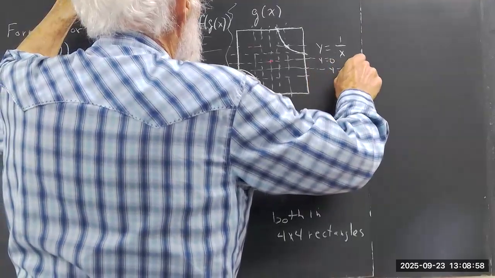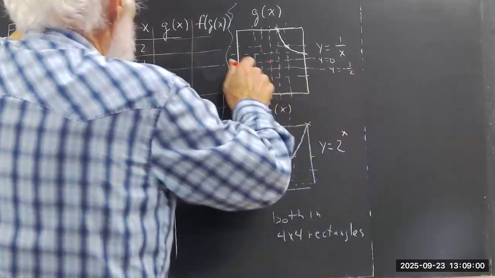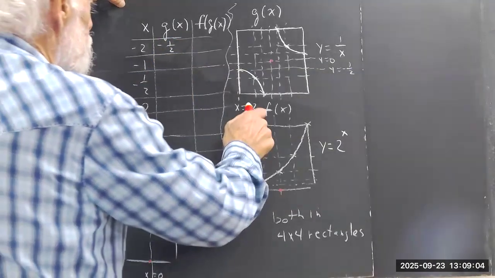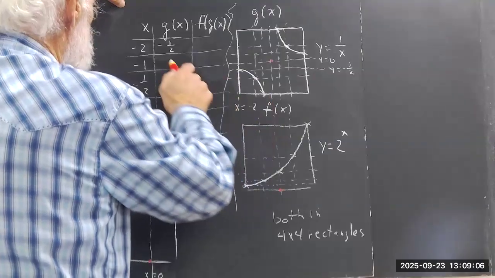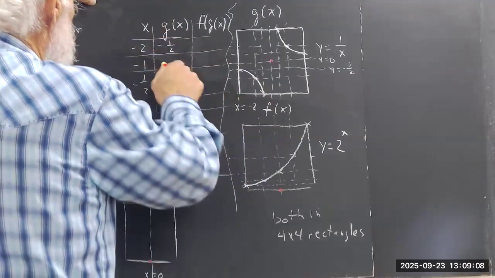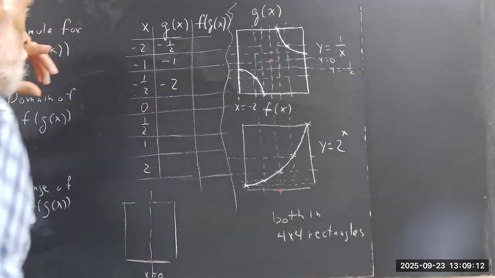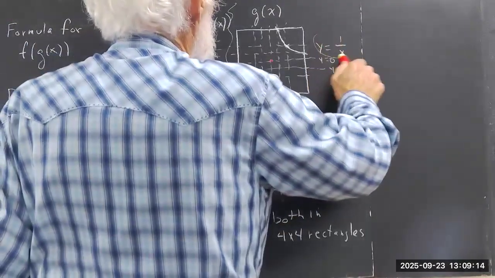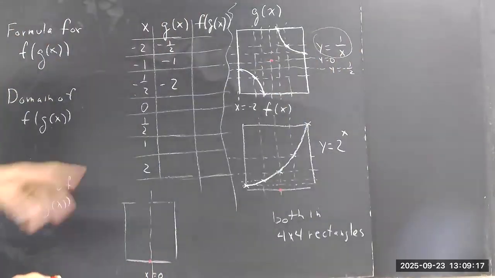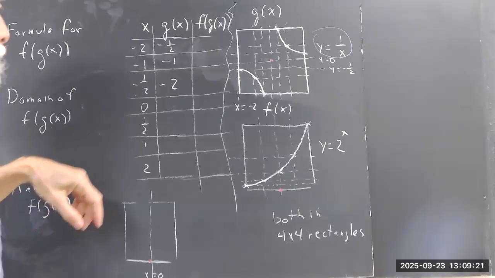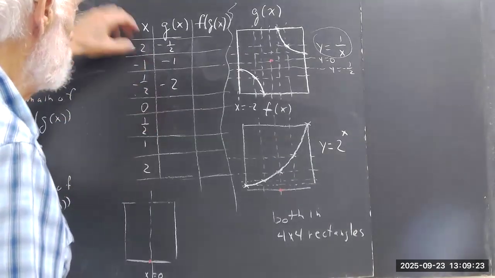Here's a line, y equals -1/2. So this is -1/2. For f of x, when x is -1, that would be here. This is going to be -1. X equals -1/2, you get -2. They could also use a formula, which I gave you, y equals 1 over x, but I didn't give you that right away, so you might have been on a different track. Okay, x equals 0.